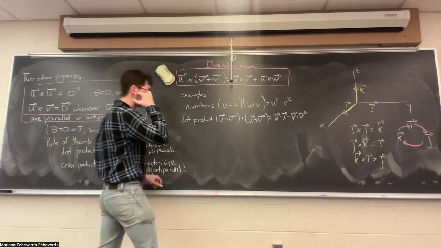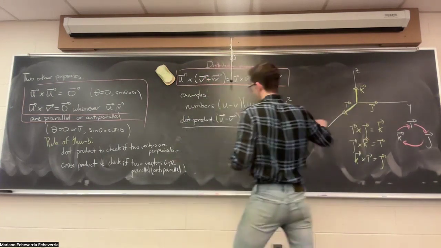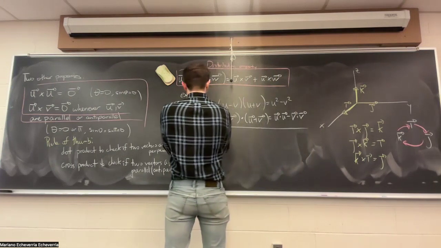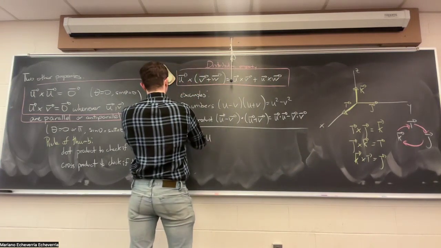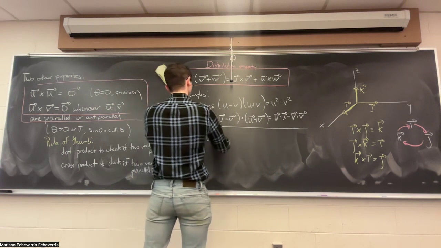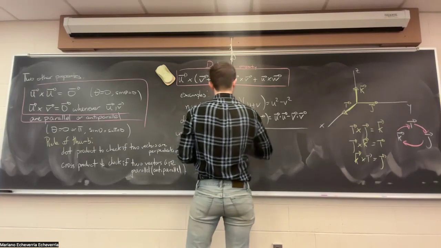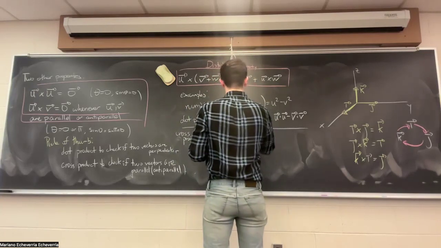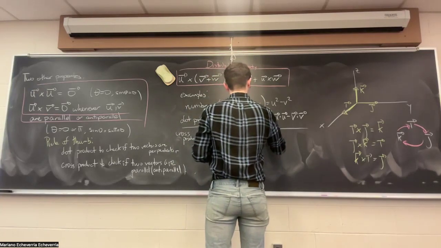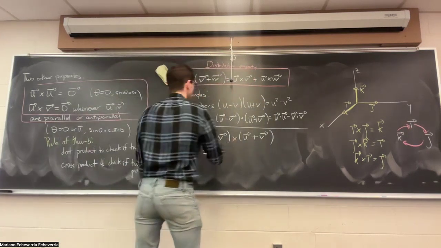But let's think about what the version of this is for the cross product. Let's do it now with crosses, so let's look at the formula for the cross product. Let's do u minus v cross u plus v. So what does that give you?